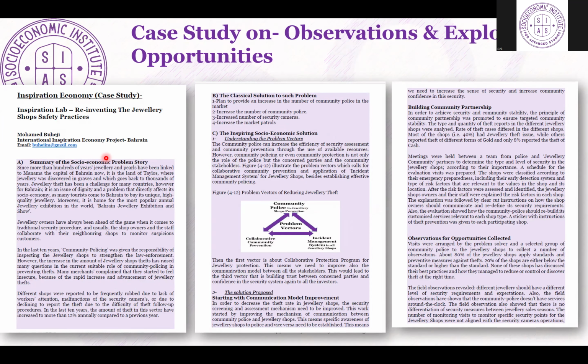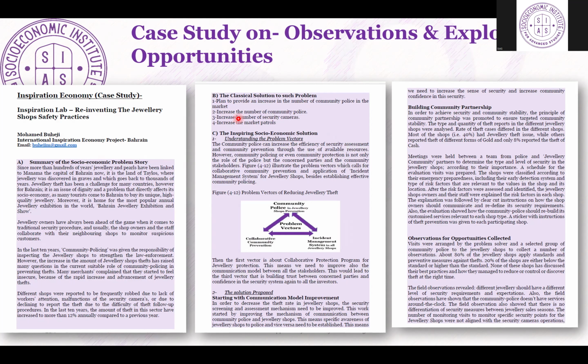So all the beginning of a story or a case study, in this case, is about community policing and how they are collaborating with the jewelry shops to minimize thefts and so on in Bahrain. You can see that it's all about the description as a result of the observation we have done. And then we start to put the classical solutions, which are the available solutions.